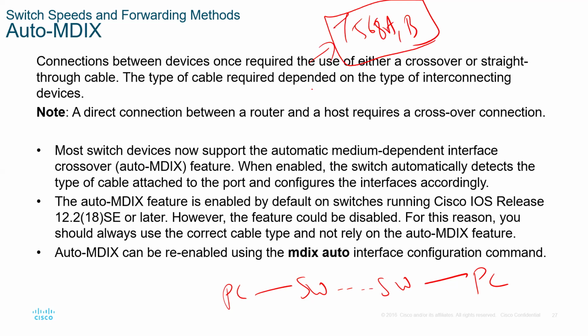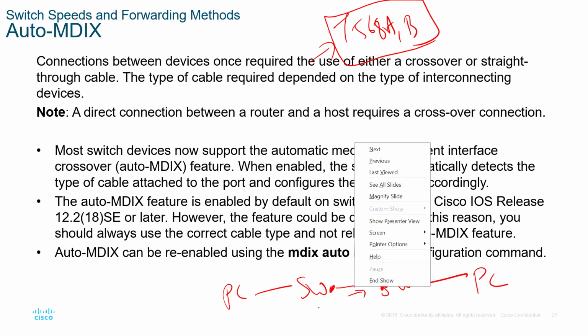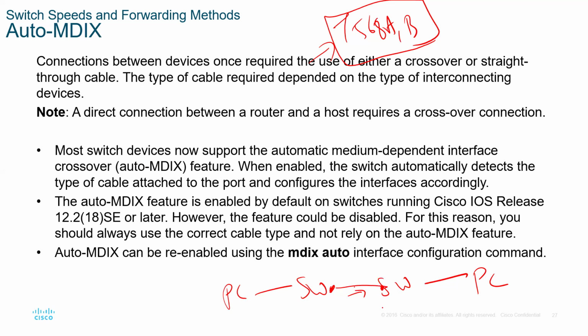So with auto MDX, it knows that if you use, for example, a crossover where it used to work, and then you put a straight through, what auto MDX does is it adjusts the internal wiring of these ports, so that you can still communicate over this straight through, even if you're communicating between two identical devices.